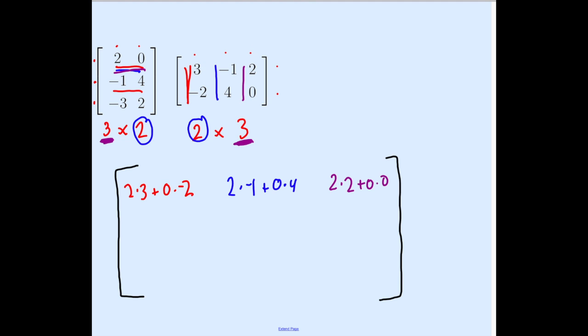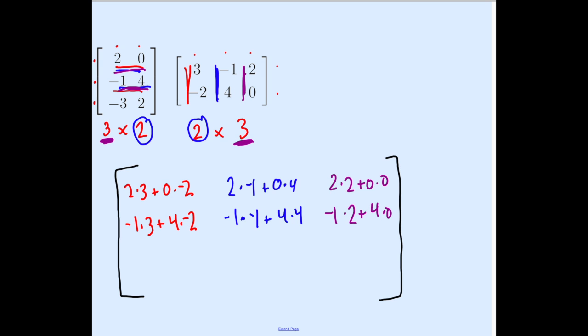And I'll just continue going this pattern. -1 times 3 plus 4 times -2. -1 times -1 plus 4 times 4. And lastly, we'll have -1 times 2 plus 4 times 0.